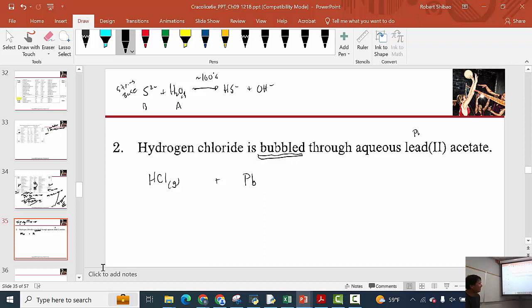Lead-2 is Pb with what charge? And do you recall the formula for acetate? C2H3O2 negative. And so what's the correct ratio to balance out the charges? 2 acetates. We need 2 acetates for every lead. And so we'll just put those in parentheses here. 2 acetates. And it's aqueous, so we use the AQ there.